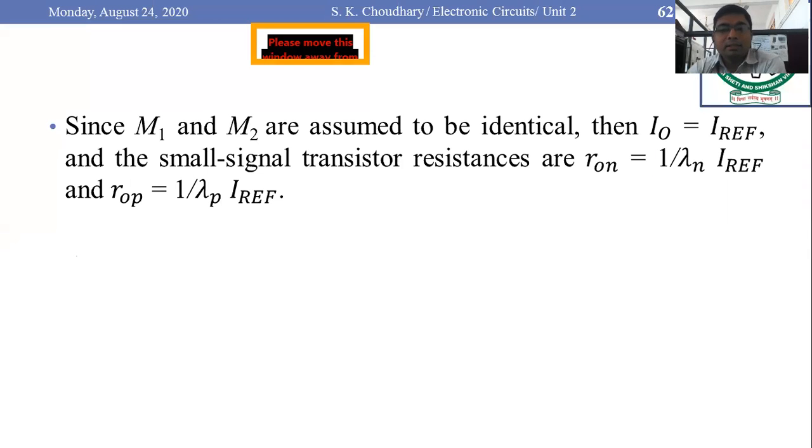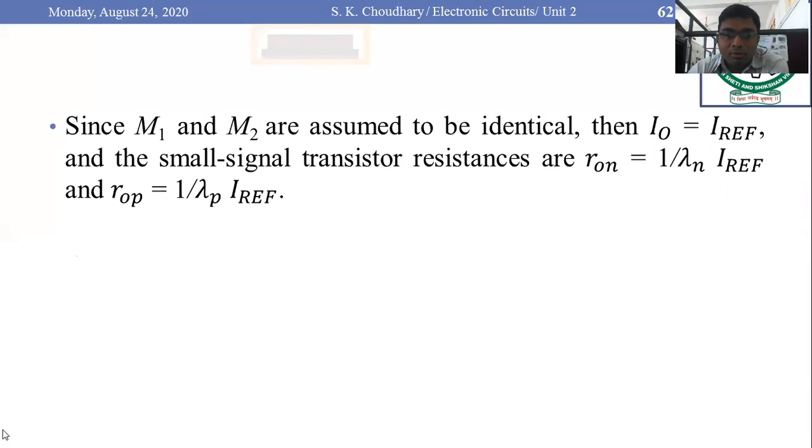The small signal transistor resistance is R naught for NMOS transistors: 1 upon lambda n I reference, because I naught is equal to I reference according to the current mirror.